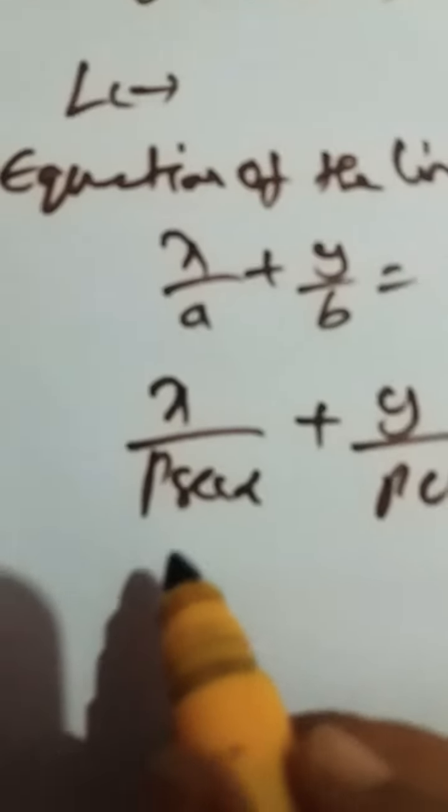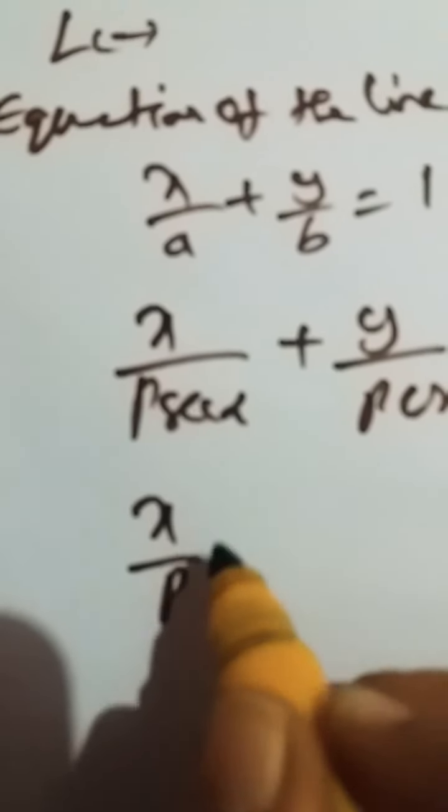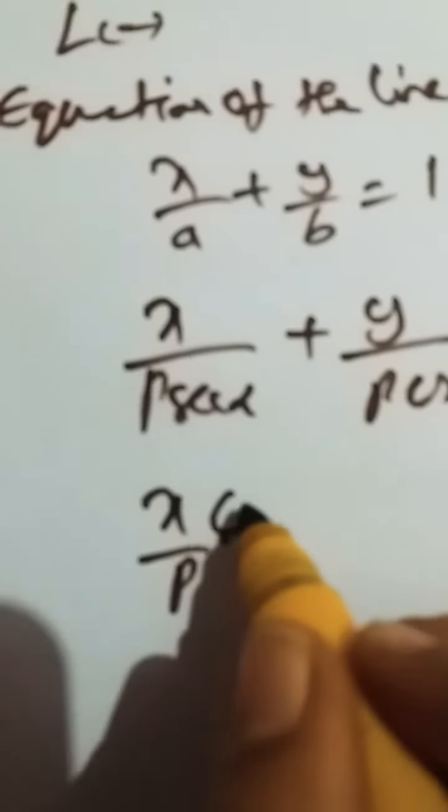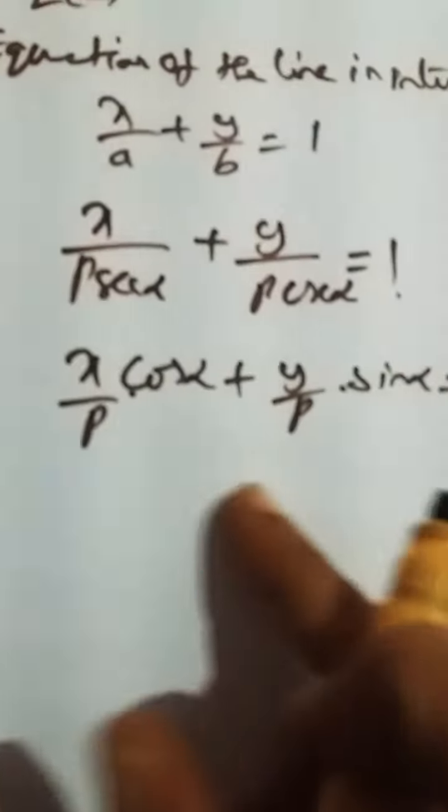So we will get here x by P, 1 by secant alpha is cos alpha, plus y by P, 1 by cosecant alpha is sin alpha, equal to 1. So multiply P on both sides.